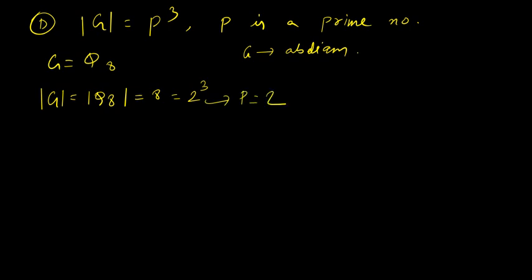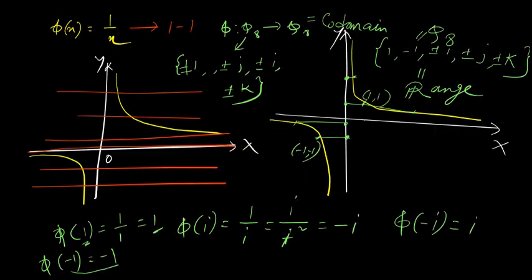So the example G equals Q8 satisfies the given conditions. But Q8 is a non-abelian group. So the statement is wrong.